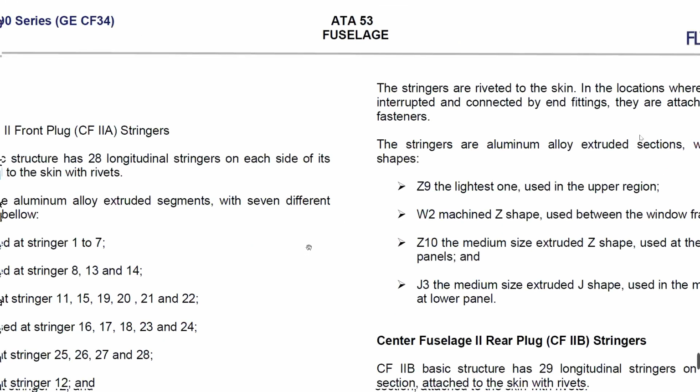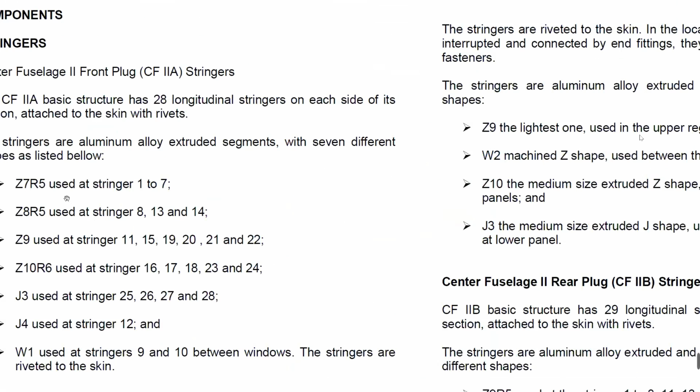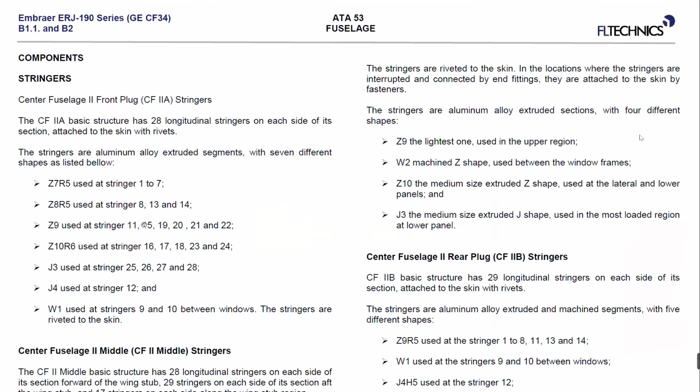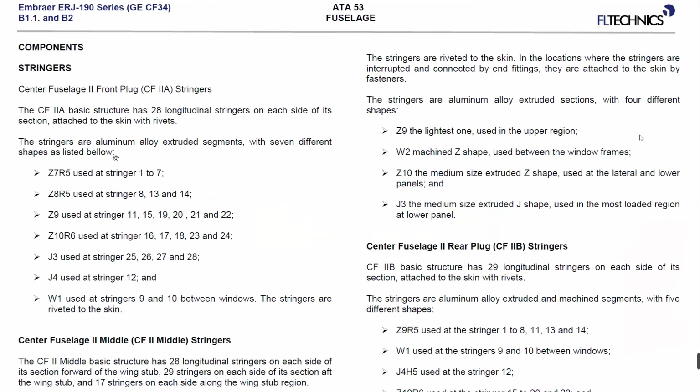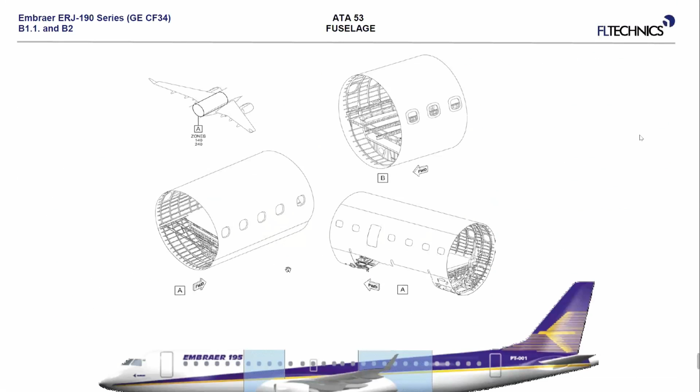What else? Stringers. Stringers in that area are shown different here in the different zones. Aluminum alloy extruded segments with 7 different shapes. Why is the shape different? Because they are passing through different locations, and these different locations have some specific structure.